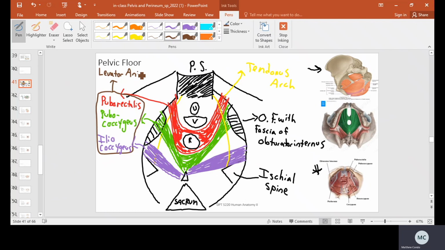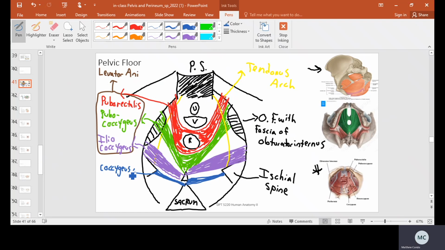The next one that I'm going to draw in is going to be Coccygeus. Coccygeus is going to come off the ischial spine, and it's going to go straight to the coccyx. Okay, no big deal. This is going to be Coccygeus.